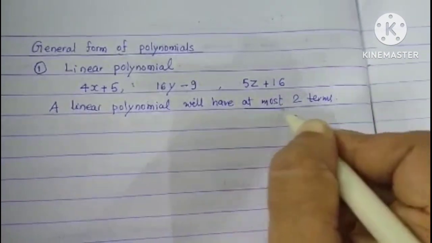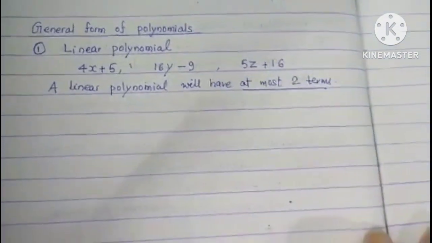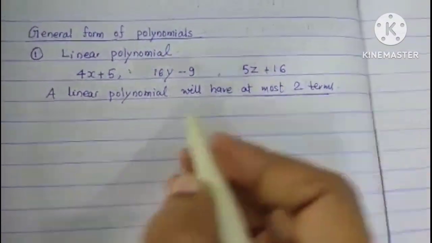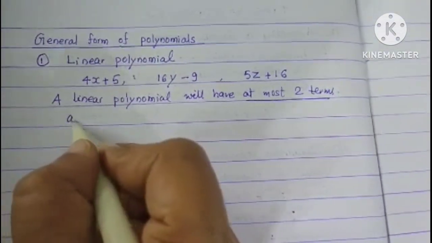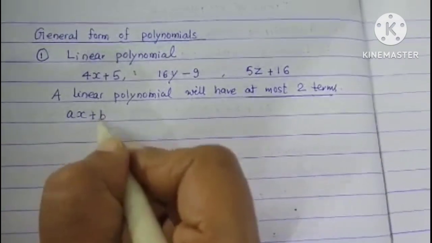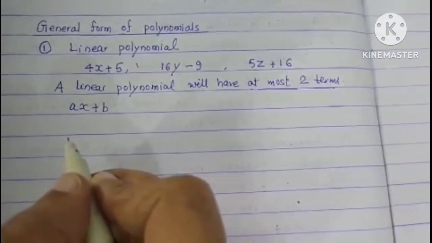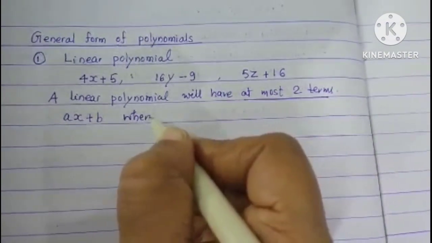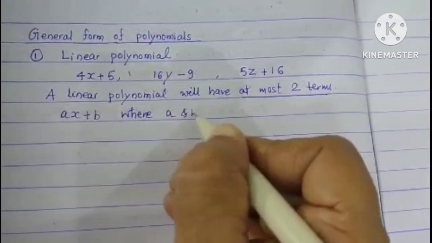At most 2 terms means it will never have more than 2 terms. The general form will be like this: ax plus b, where a and b are constants.